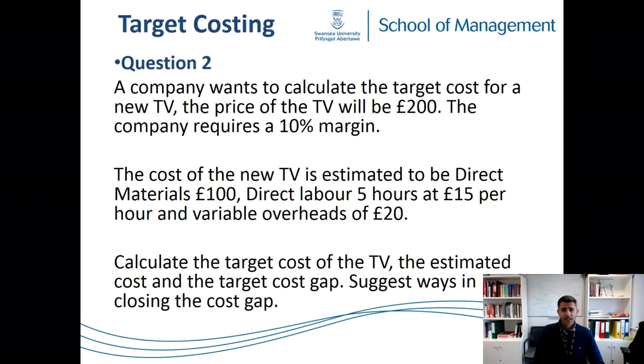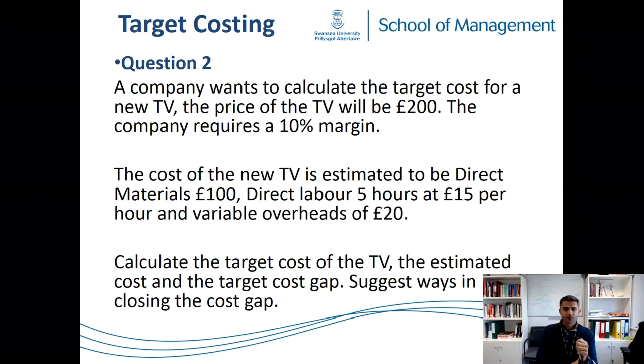The TV will be £200. That's the selling price, and the company requires a 10% margin. So that's 10% of the selling price. So £200 multiplied by 10% is £20, the profit required.